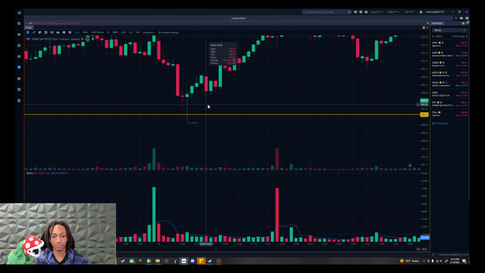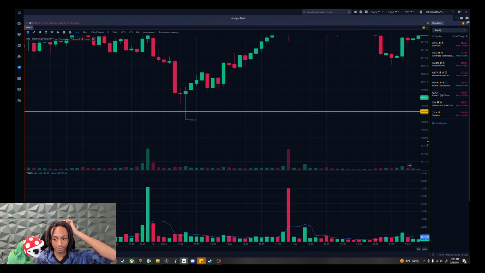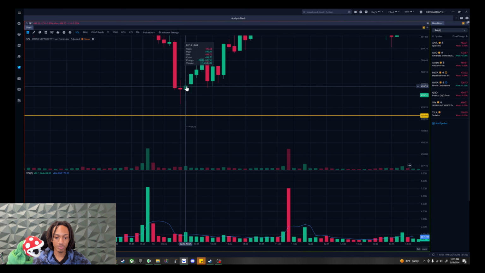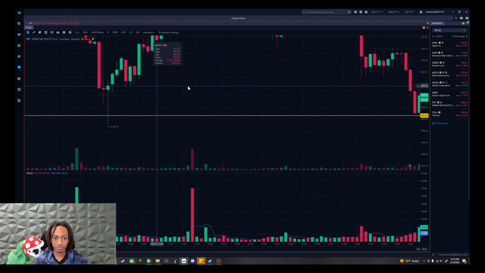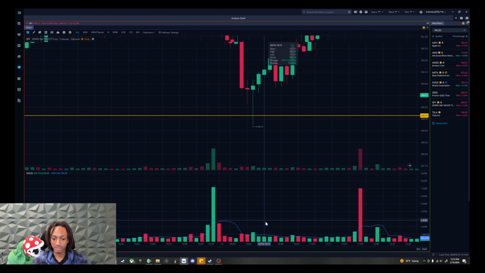That's the hammer candle. And when you combine that with the volume, right? This line right here is the average trading volume. Look at the hammer candle. You see that it's above average down here. It's above that average line, and it's higher than the rest of these candles.